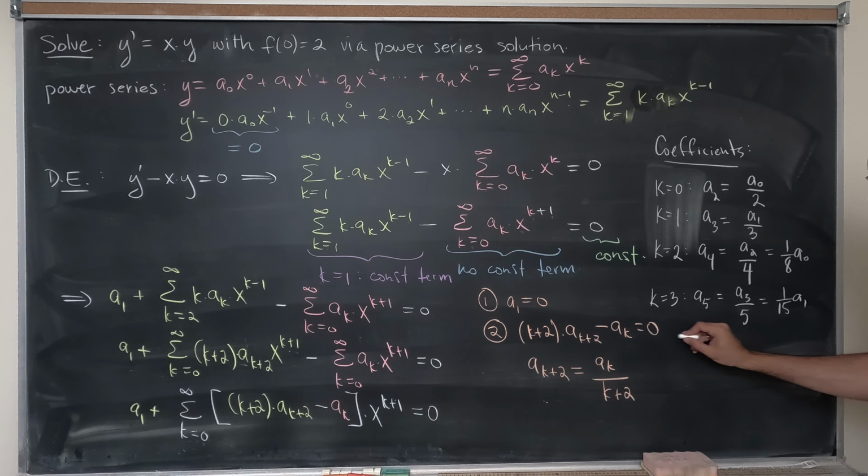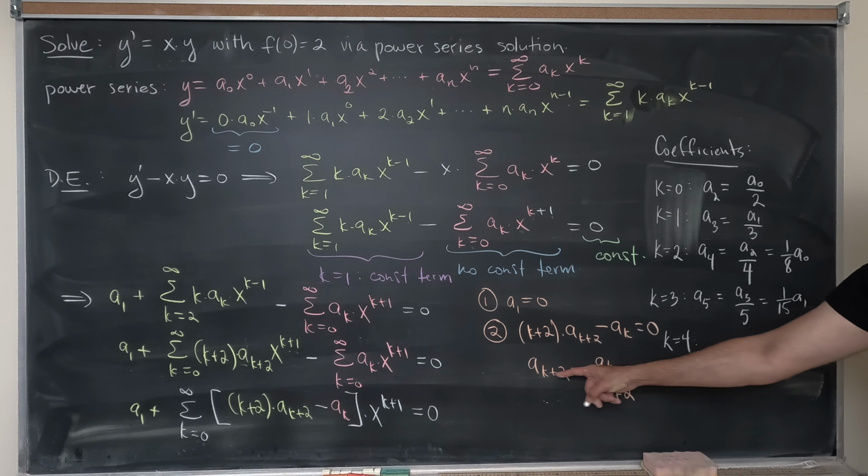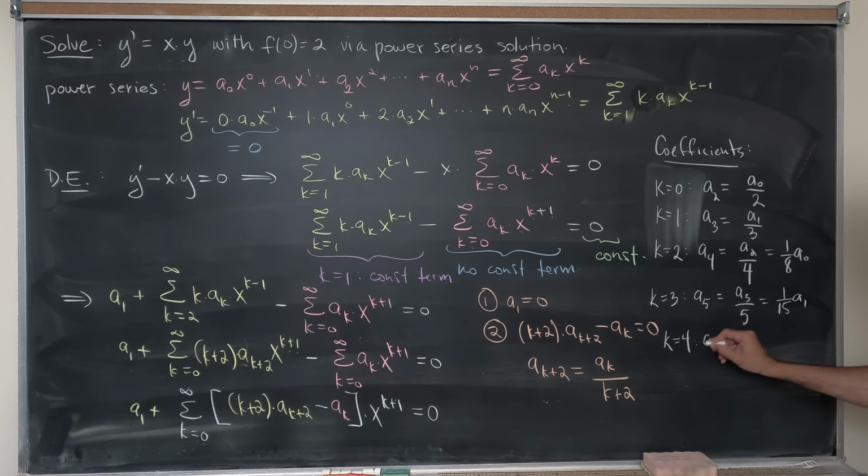And for a couple more, when k is 4, we have a sub 6 equals a sub 4 divided by 6. But a sub 4 is an eighth of a naught, and an eighth of a naught divided by 6 is a 48th of a naught.